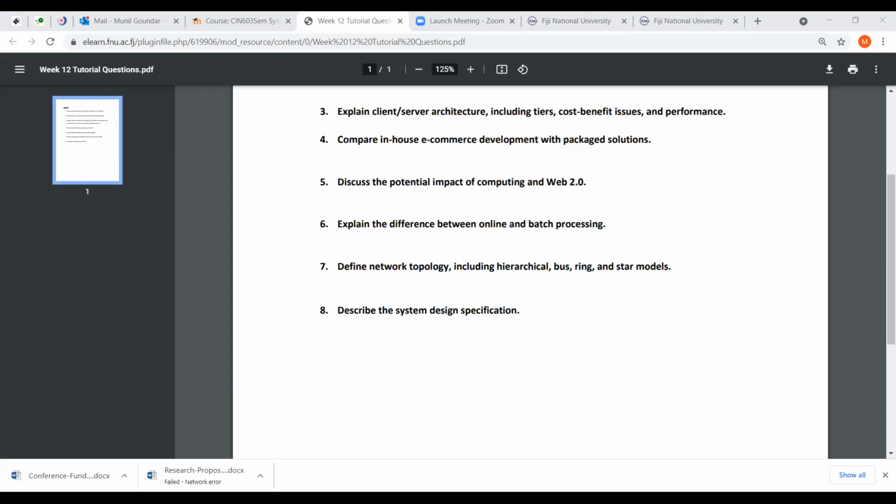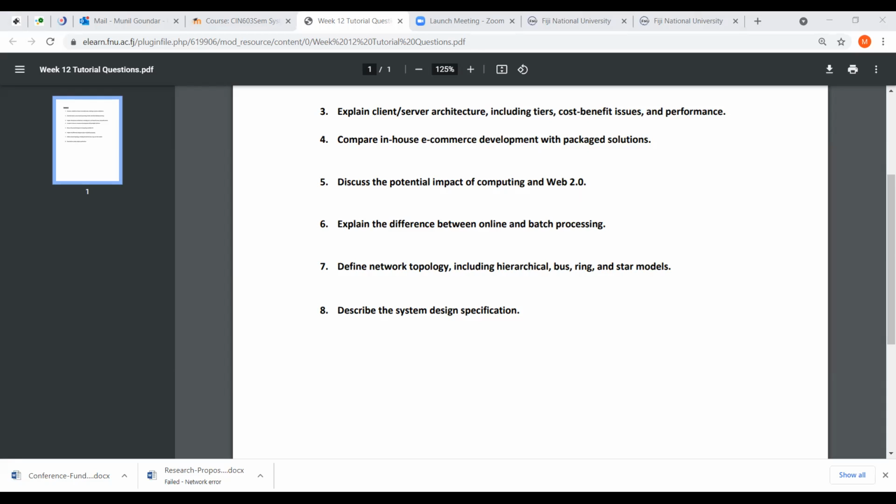Now, the question also asked about including client-server performance issues. So can you list it down as a subtopic, client-server performance issues? And beneath that, put up a bullet point or a hyphen and write down this.